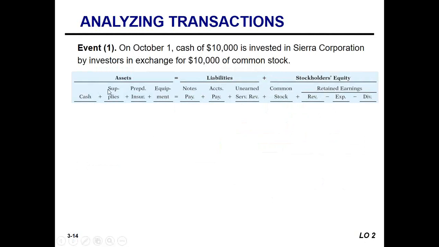Also, we have listed under assets, remember I was talking about account names, liabilities, there's account names. So we're going to do our work on a spreadsheet. This is not how you would do the work if you were in a true accounting course.